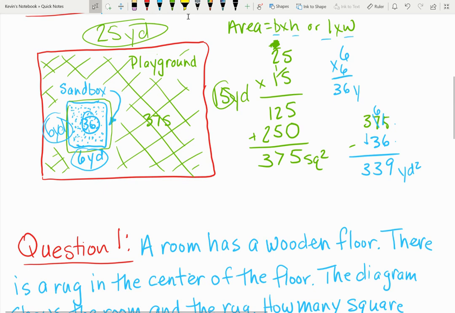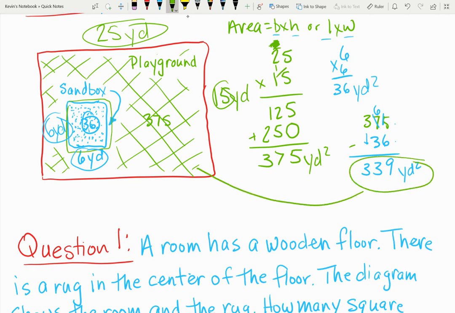So square yards. And I'll fix this one too. So your answer is 339 square yards, and that is just the amount for the grass itself.